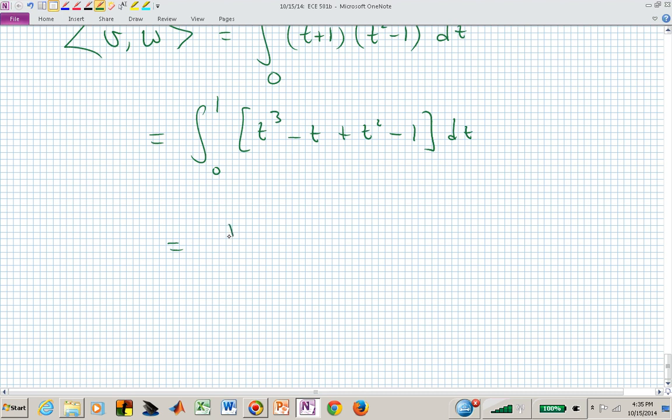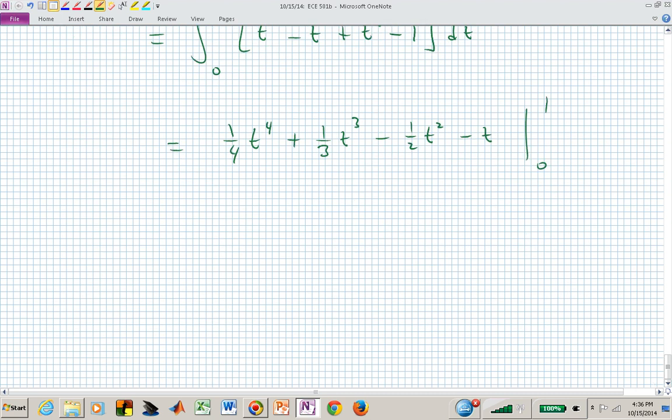Or we now have 1/4 t to the 4th plus 1/3 t cubed minus 1/2 t squared minus t, so that I have my orders of t in descending manner, and then I evaluate that at the upper limit and subtract the lower limit.